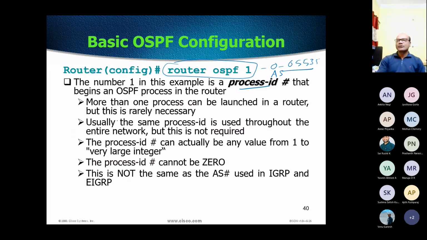Remember, guys, more than one process can be launched in the router, but it is rarely necessary. Usually the same process ID is used throughout the entire network, but it is not required. The process ID cannot be 0. This is not the same as the AS used by IGRP and EIGRP, because AS is different and this is different.